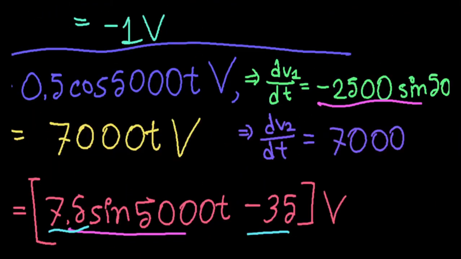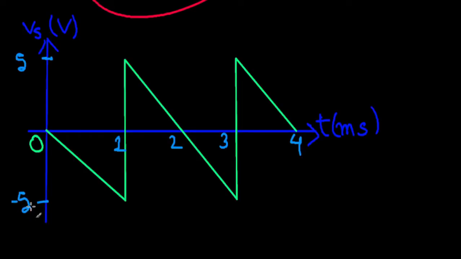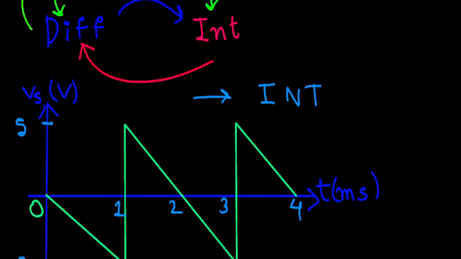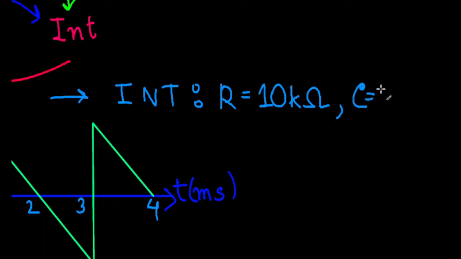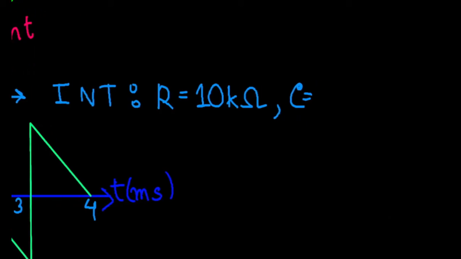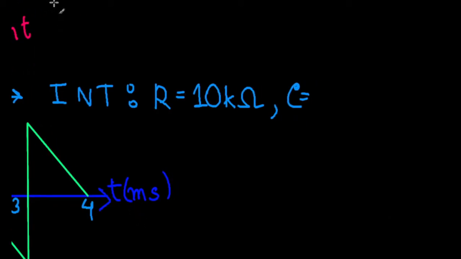Let's actually try a fresh problem. The curve that I have is a sawtooth curve. I feed this to an integrator which has a resistance R of 10 kilo ohms, and the capacitance is 0.25 microfarads.